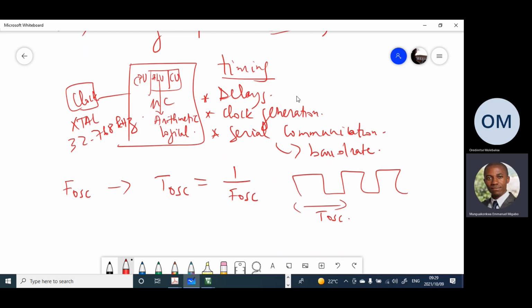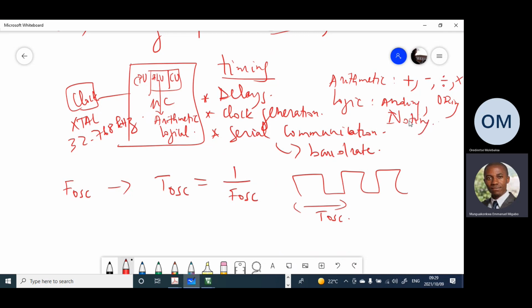And in the category of logic operations, we've got ANDing, ORing, and inverting or NOTing, basically, as the basic logic operations.